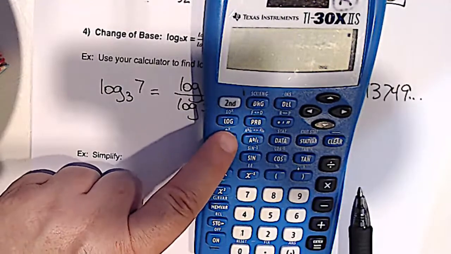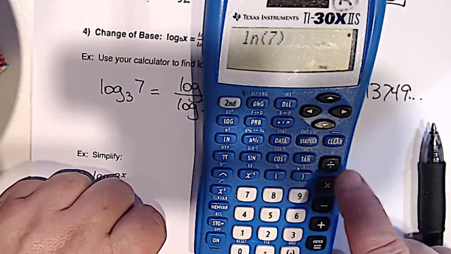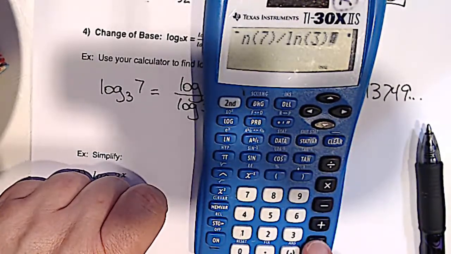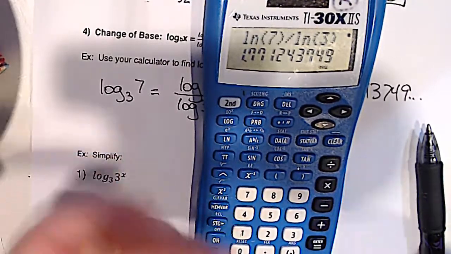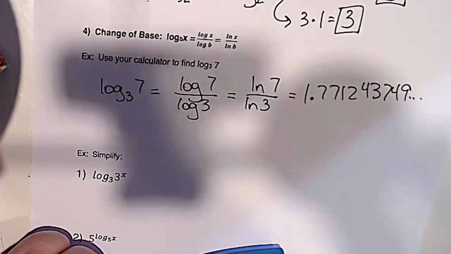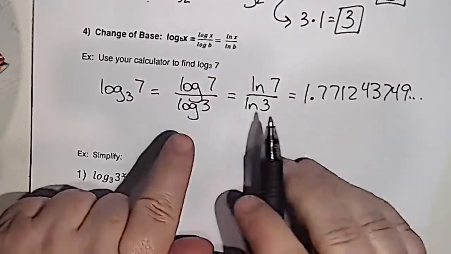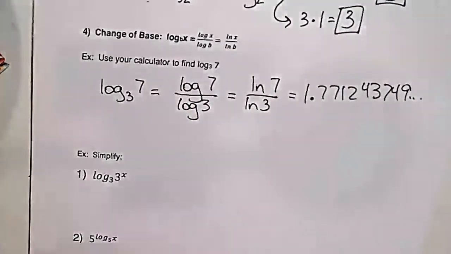Okay, so natural log of 7. What if we did natural log of 7 divided by natural log of 3? Exactly the same number. Magically delicious. So if you want to calculate a funny base, you can use natural log or log. Be consistent top to bottom. Use the same one. Don't try to mix them up.